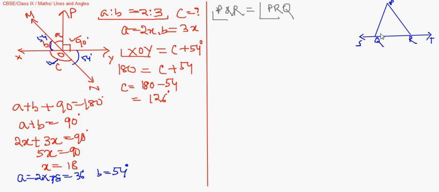That means these two angles which are marked are equal. We have to prove PQS equals PRT. That means they want us to prove these two red marked angles to be equal.